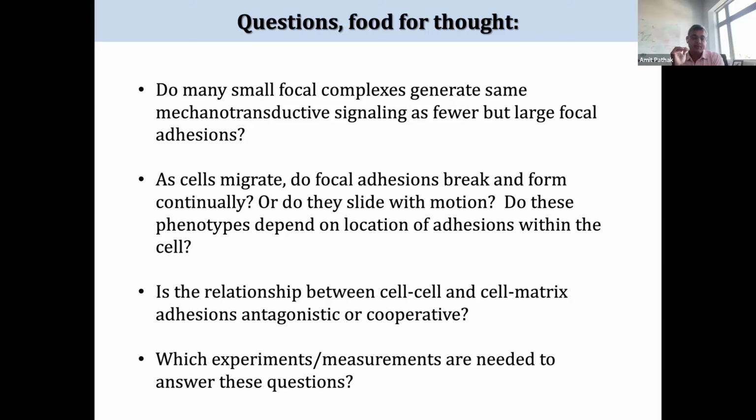But yes, if the same slip bond lasts longer, then it will convert into clutch bonds. And that's what really happens in cell migration. At the front, the same part of the cell membrane makes a slip bond, but the cell is now moving forward. Those slip bonds then turn into clutch bonds, and they become the rear of the cell. Thank you. Yep, you're welcome.